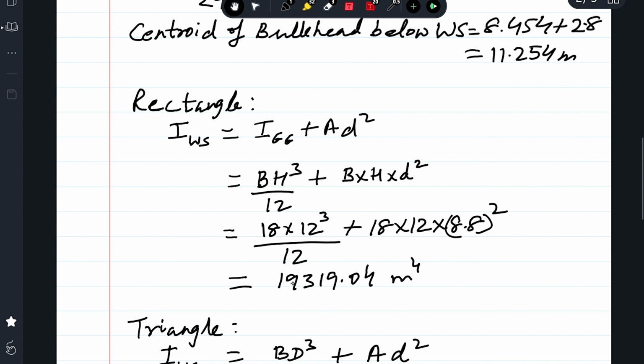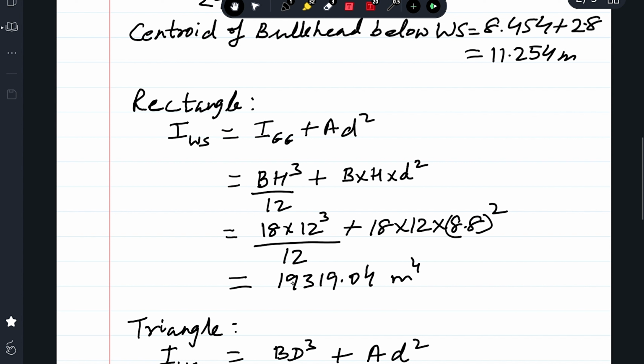from the water surface, because we are finding the moment of inertia about the water surface. D is always the distance between the two axes. One axis is passing through the centroid and the second axis is at the water level. So the distance between the two is the depth of the centroid below the water surface, D, squared. For a rectangle, as you know, it is LB cube upon 12.